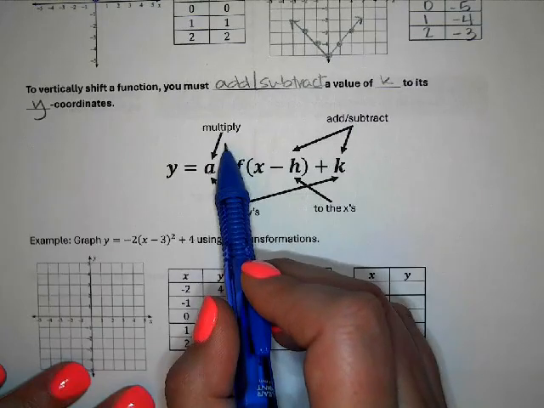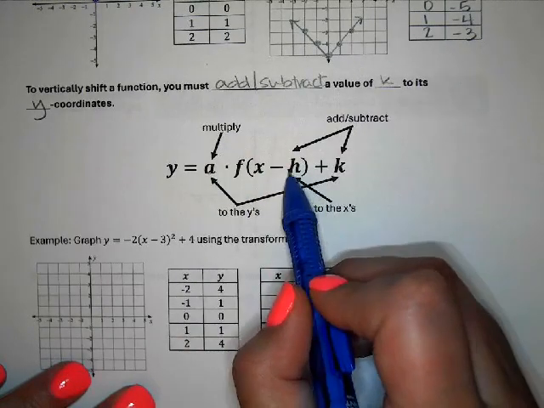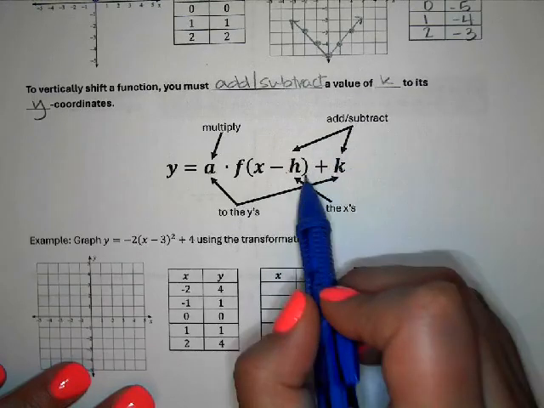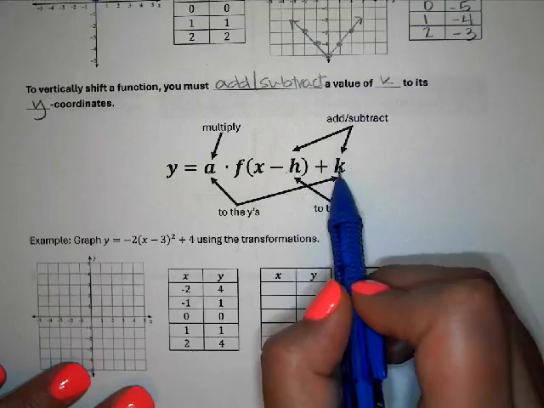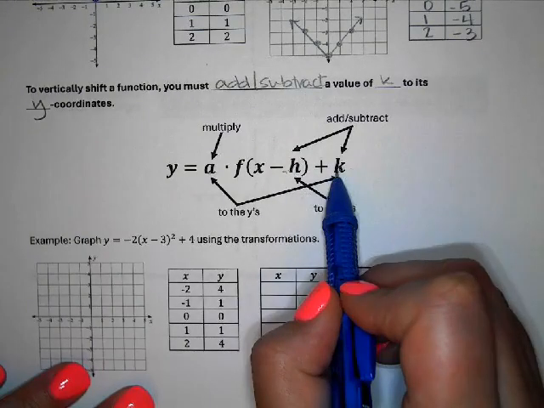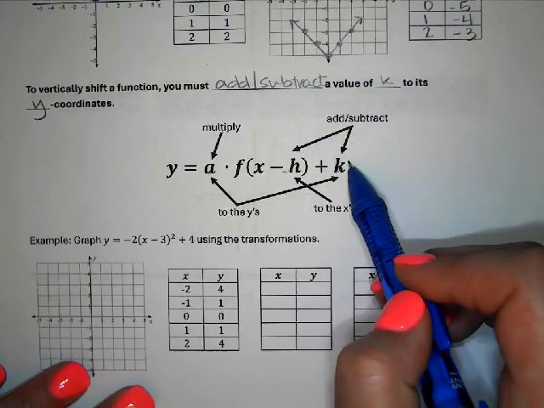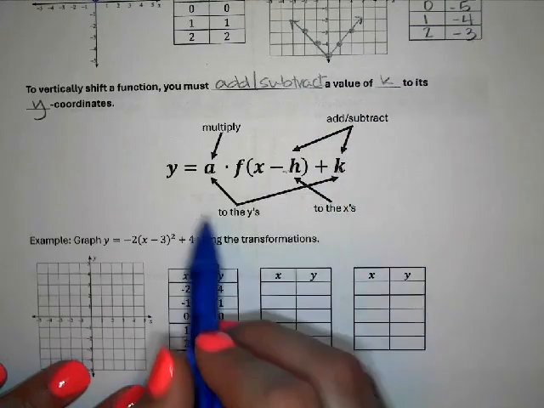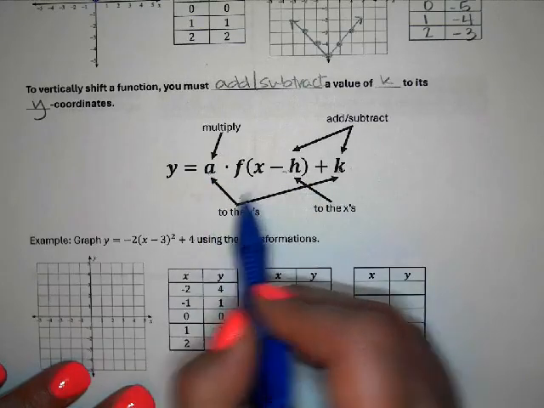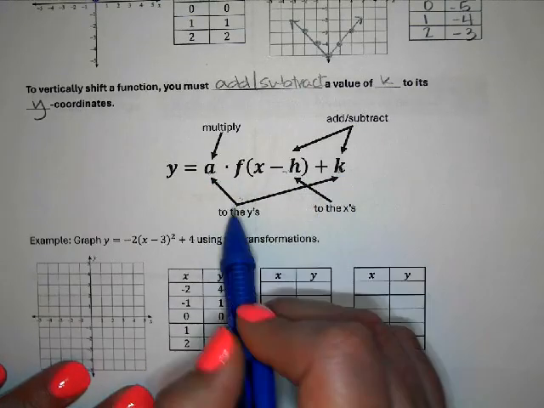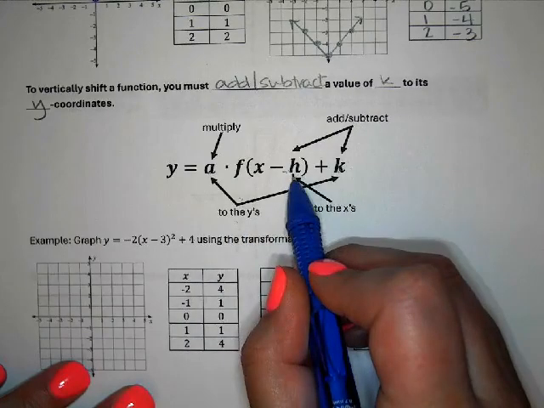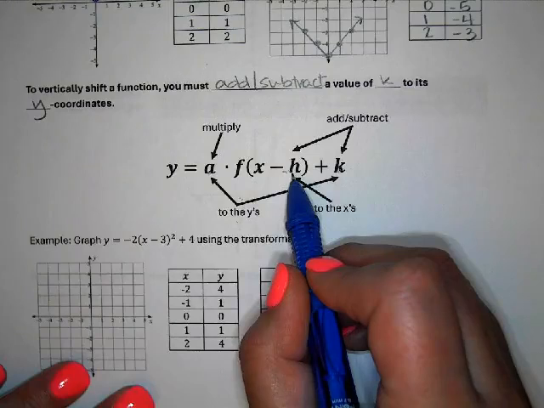If it's one of these numbers, then you would add or subtract. This shifts the graph left and right, this shifts the graph up and down, and you would add or subtract to the coordinate. Any transformation that happens on the outside of the function is going to change the y-coordinates. Any transformation that happens on the inside of the function happens to the x-coordinates.